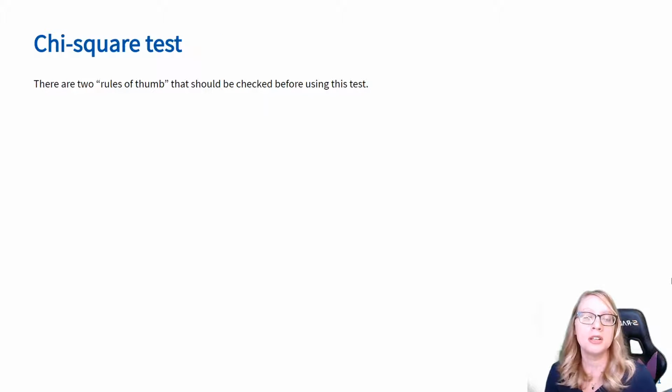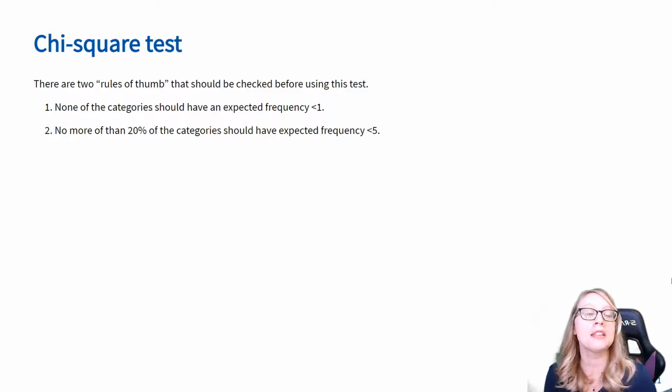Again, there are some rules of thumb that we'll need to check, and software will luckily do this for us. They're both based on the sample size. The rules of thumb that R checks are that the categories all have an expected frequency greater than 1, and that no more than 20% of them have an expected frequency less than 5.